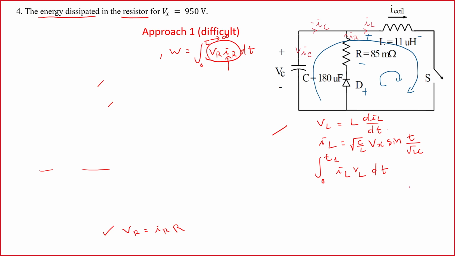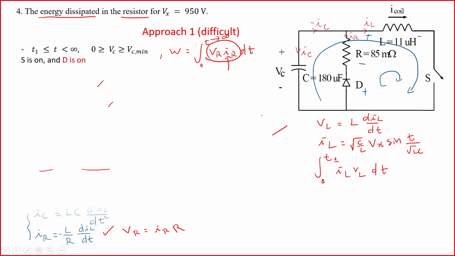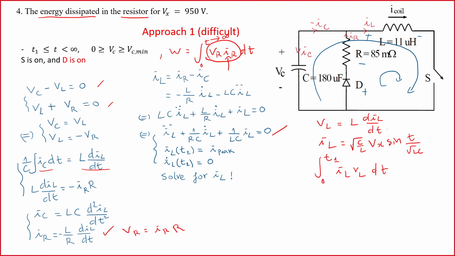This is approach number 2, which is easier because you don't need to calculate IL when the time is taken from T1 until infinity. This IL is IL discharge. This IL is IL charging, storing energy in the inductor.